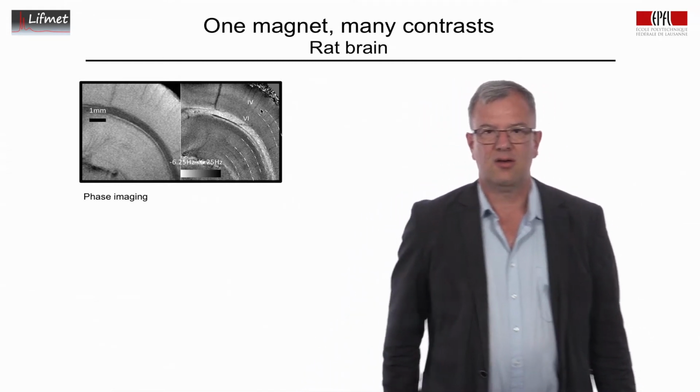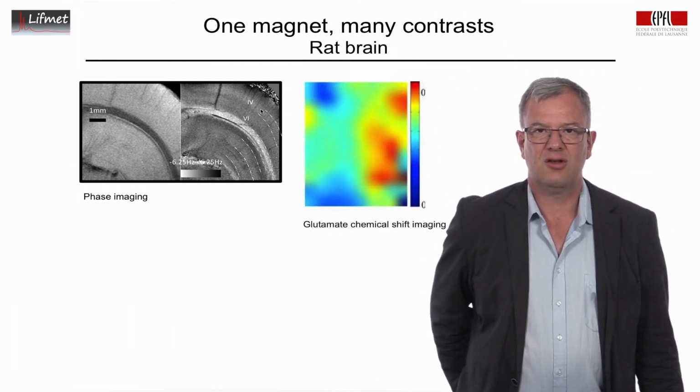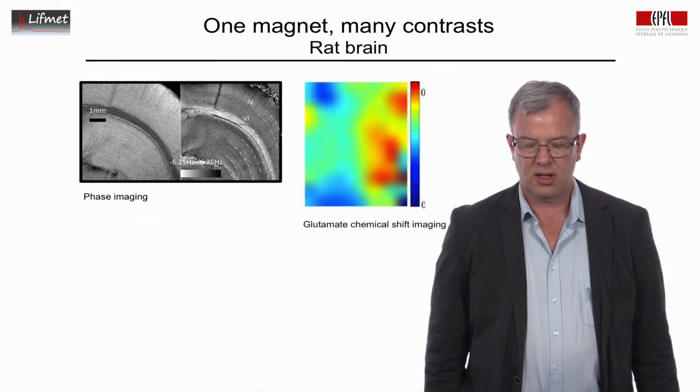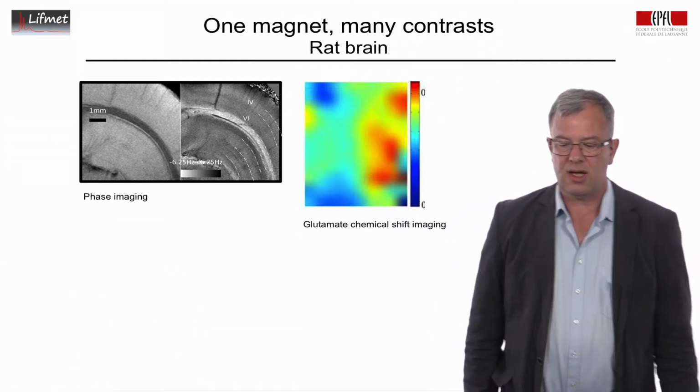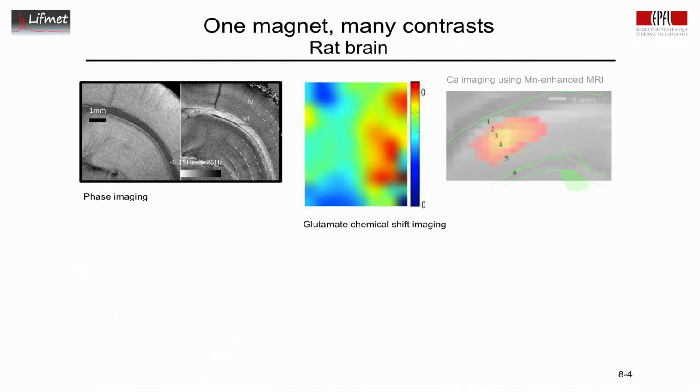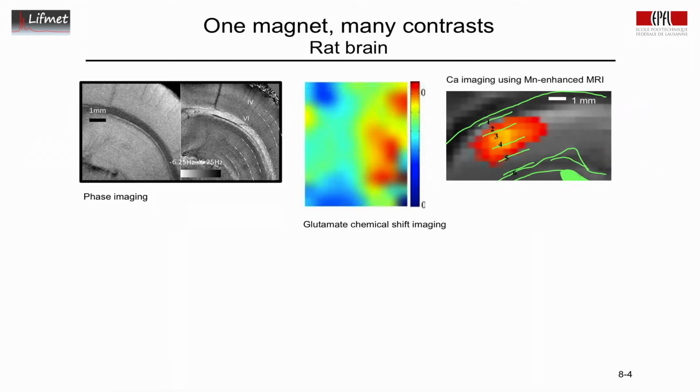We can look at the distribution of glutamate, which is the major excitatory neurotransmitter in the brain. One can look at transport of calcium by means of a tracer, in this case manganese. This is in response to activation, showing high activity in cortical layers 3 and 4 upon a stimulation.